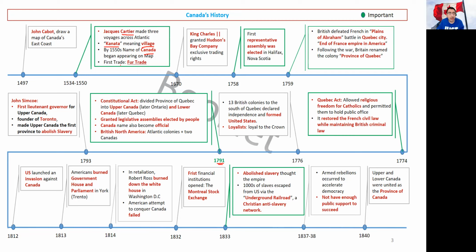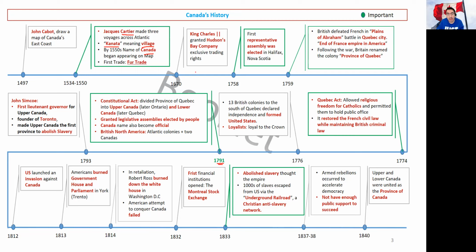And the first trade ever in Canada was the fur trade, and that's the famous trade for Aboriginal people. Now the Europeans from France and England also worked on the fur trade, and there was a challenge between the European people and the Aboriginal people.